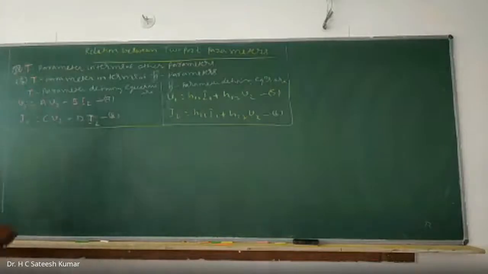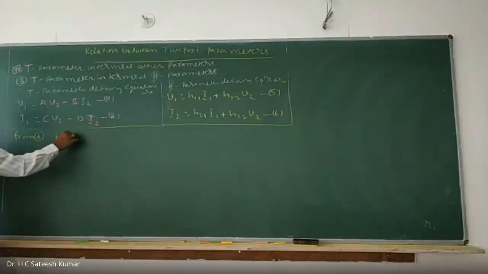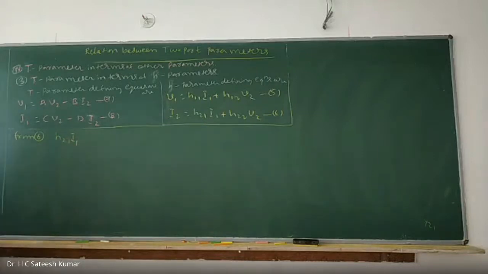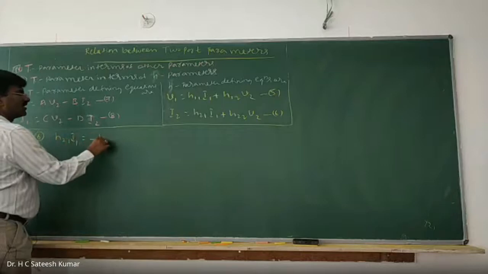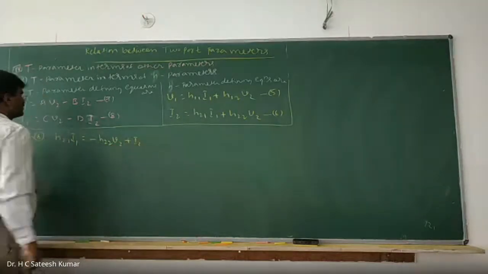Okay, right? From 6, what do we have? H21 into I1. You keep it on the right hand side. The rest you transfer to the left hand side. What will you get? H21 into I1 is equal to minus H22 into V2 plus I2. So we can write it in this form.